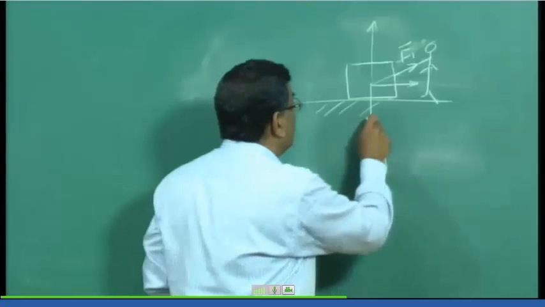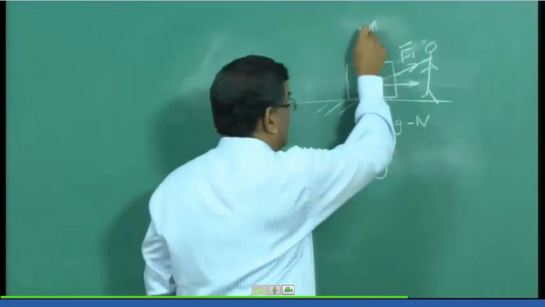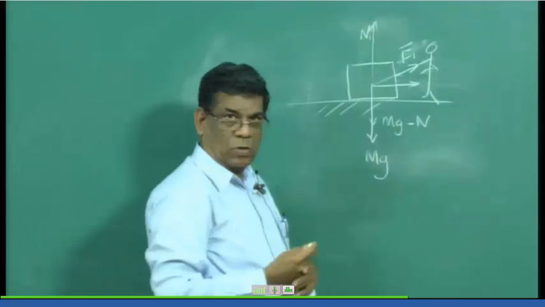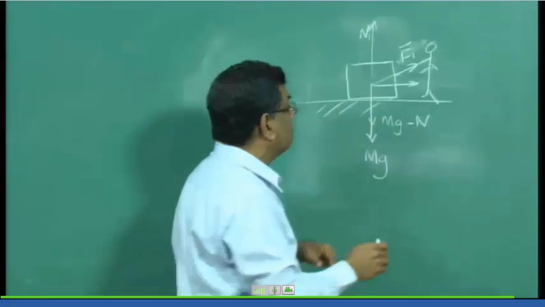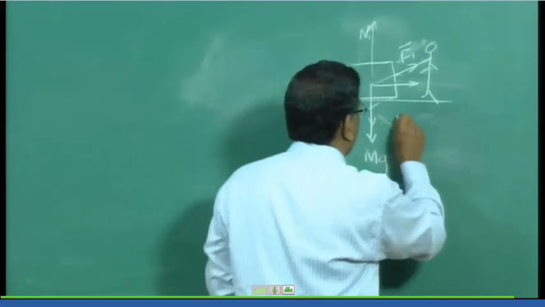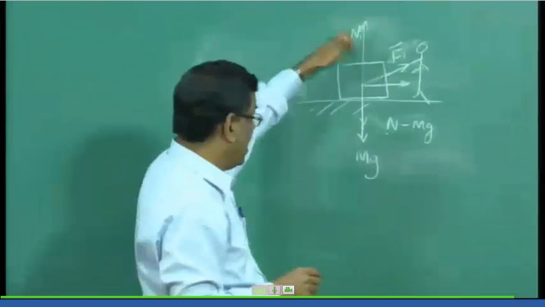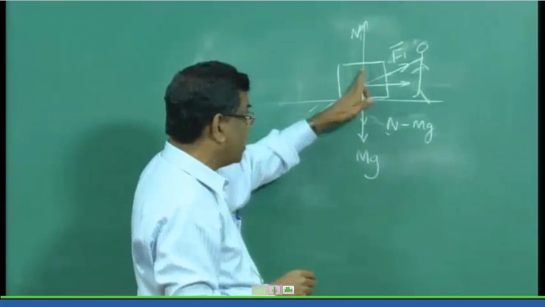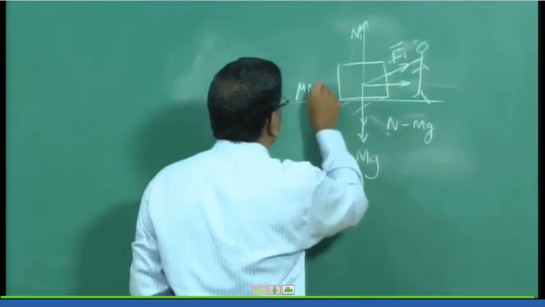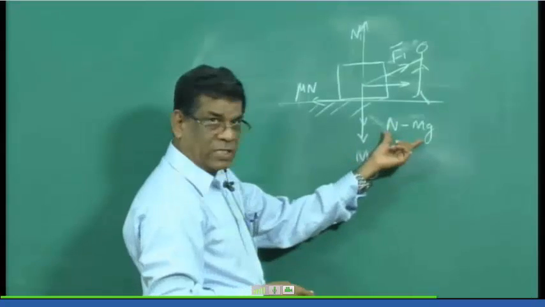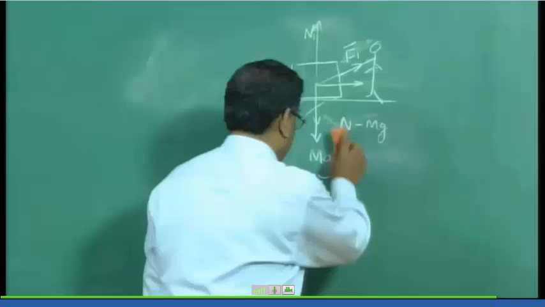So the net pull here is mg minus, if I call this N1. So you find the reaction force will be different now. Actually I can put it the other way: N minus mg will be the net reaction force, and the frictional force is mu times N, because N is now decreased. Sorry, I'm making some mistakes.